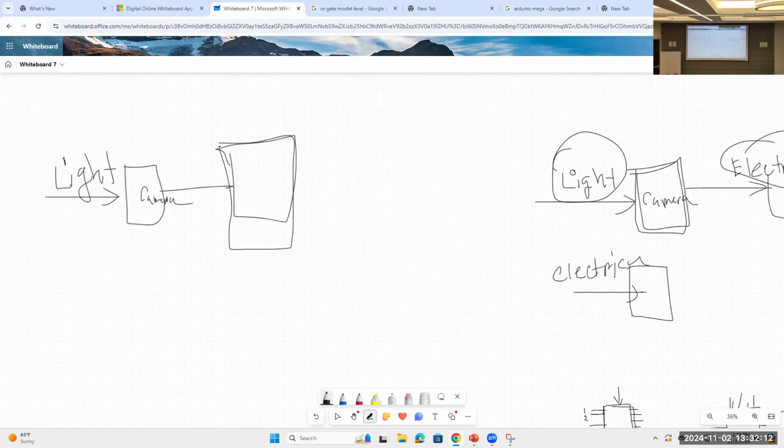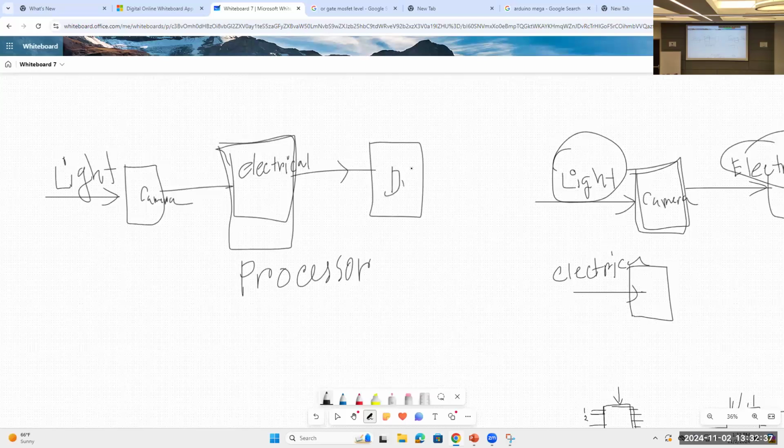In this case, it is processed in the processor, because it comes to a computer and is saved as electrical signals, bits and bytes. Then this is a display.